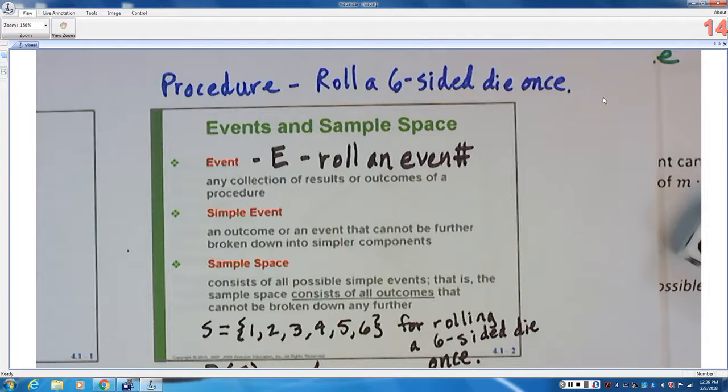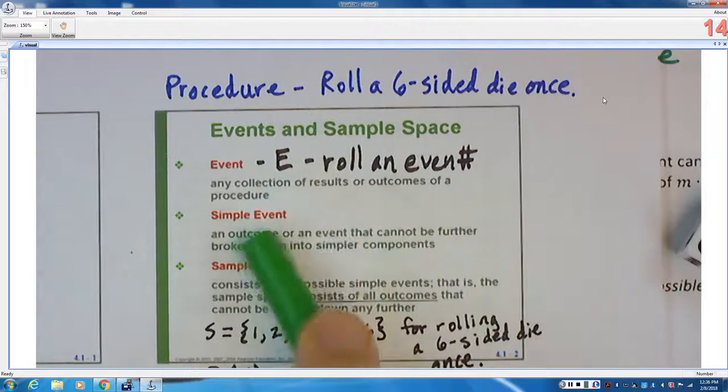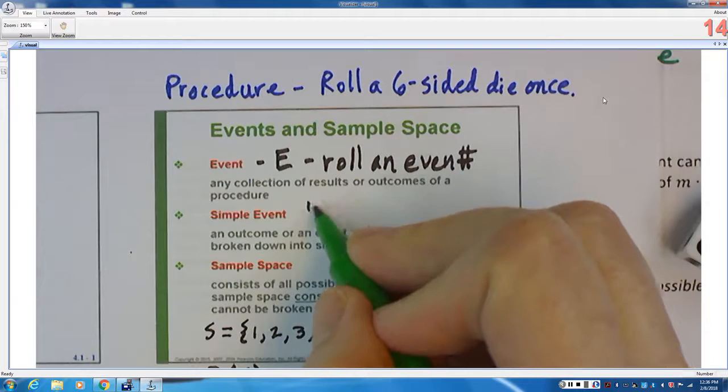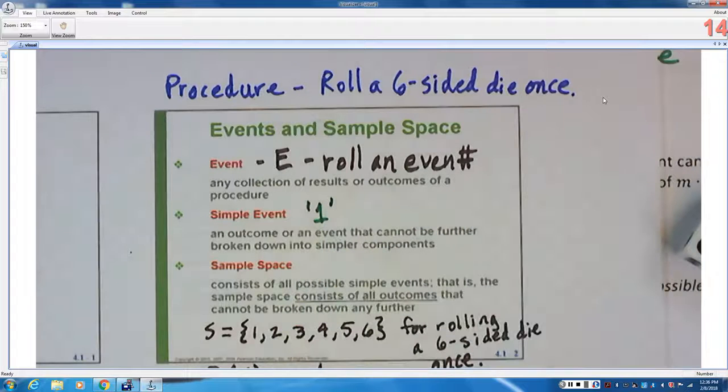A simple event is something that can't be broken down further. If you roll an even number, that's rolling a 2, 4, or 6, so rolling an even number is not a simple event. Getting a 1 on a die would be a simple event.